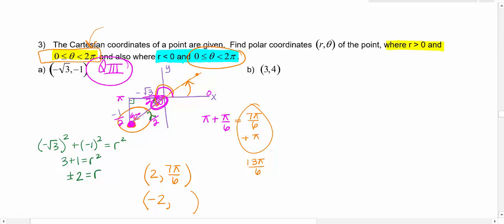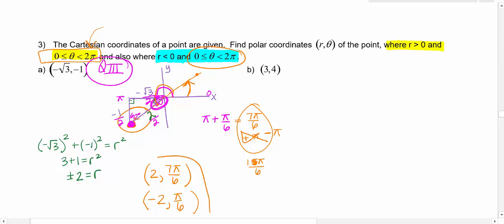So it's too big. So what you want to do is, if your opposite r, for example, ends up like this just in quadrant 1, just make sure it's a real tiny angle, just between 0 and 90 degrees, for example, or 0 and pi over 2. So instead of adding pi, I'm going to subtract pi. And so I'm subtracting 6, so it's just literally 1 pi over 6.